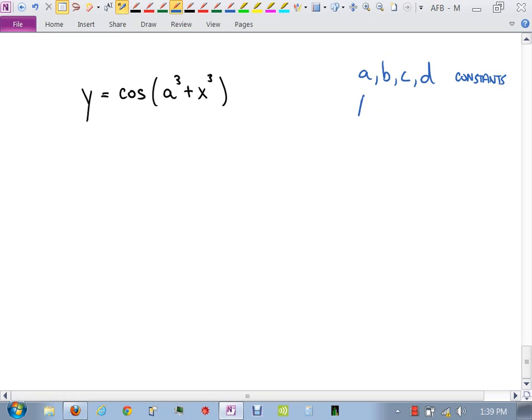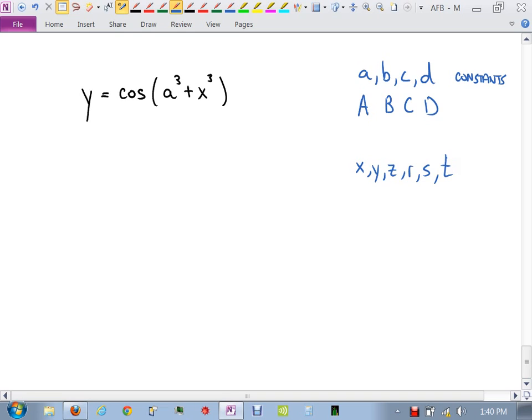Or if it's capital A, B, C, D, those are constants. Variables are usually x, y, z, r, s, t. So the a is a constant.